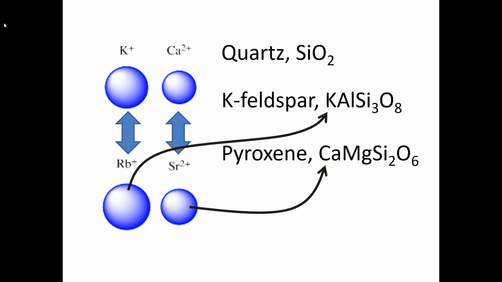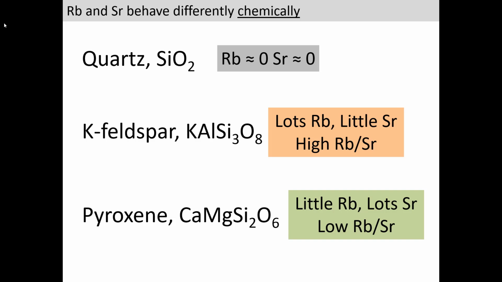So because of the substitutions of rubidium for potassium and strontium for calcium, K-spar tends to concentrate rubidium, and pyroxene tends to concentrate strontium. So if we look at our three minerals again, the only three minerals that are going to be in our rock, we can predict that quartz is going to have none of either of them in it.